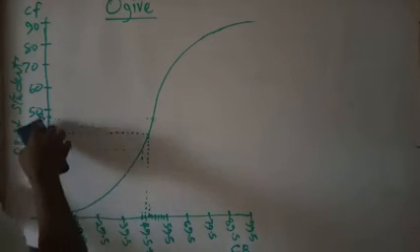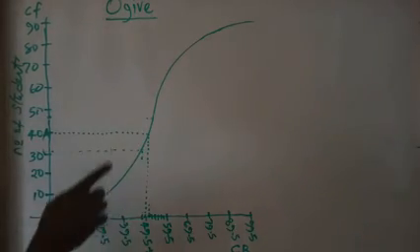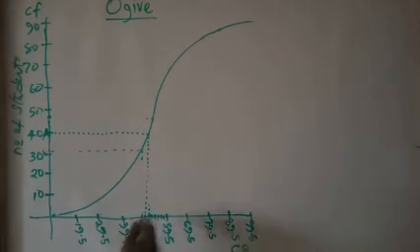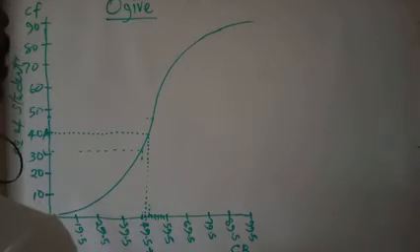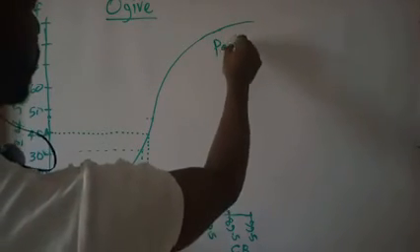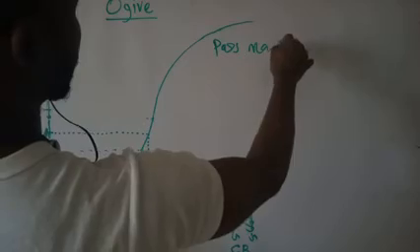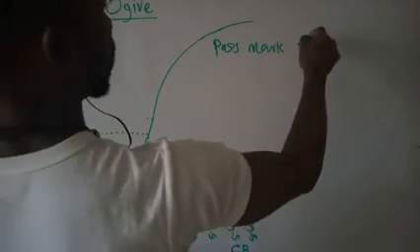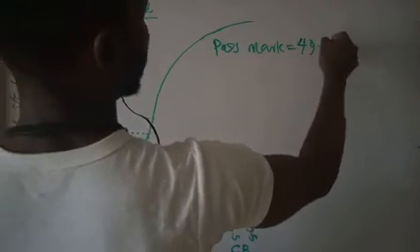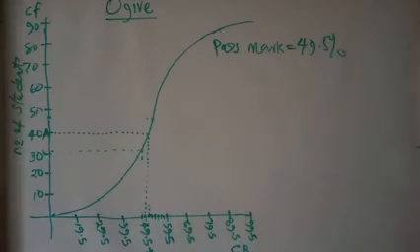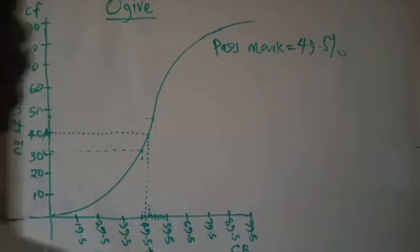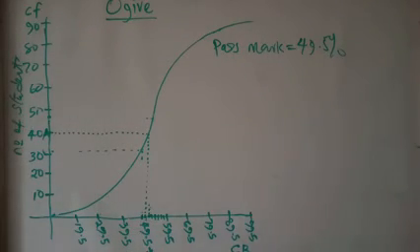They can say if the pass mark of an examination is 49.5, and they are asking you how many students passed. This is the pass mark.